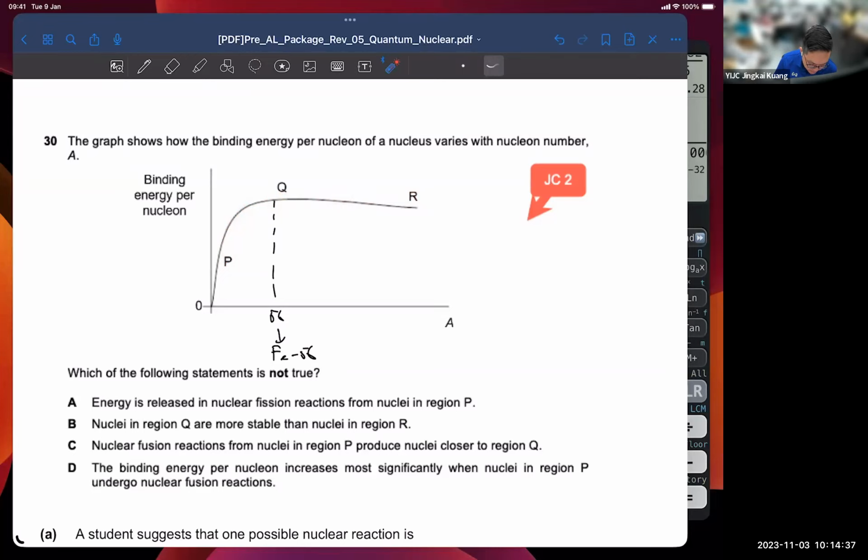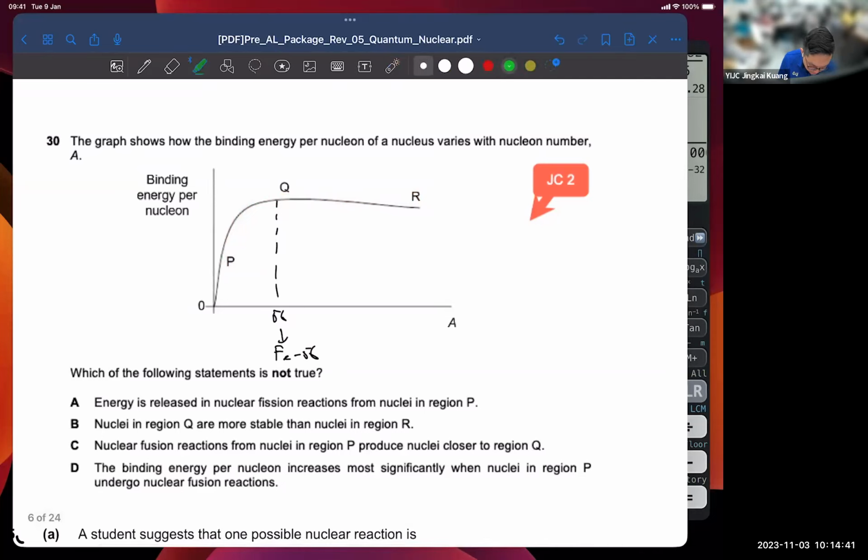Energy is released in nuclear fission. Let's underline the stuff. Nuclear fission reactants from nuclei in region P. So not true. If I do fission here, this one seems not true, because releasing energy means I will go up to higher binding energy per nucleon.